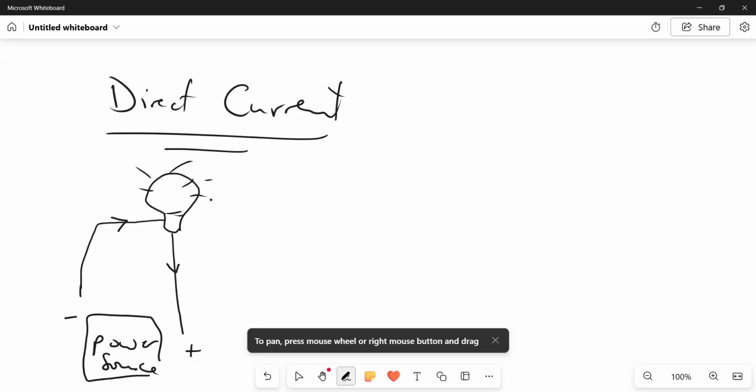So the bulb would create some resistance, and some kind of reaction is going to happen there and produce light and all of that. But really and truly, when you have direct current flowing, the electrons flow from the negative side through what you call the load, right, to the positive side.